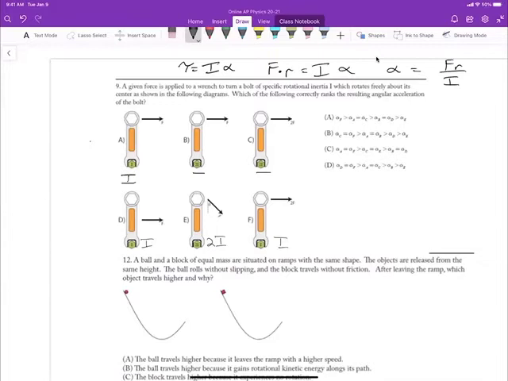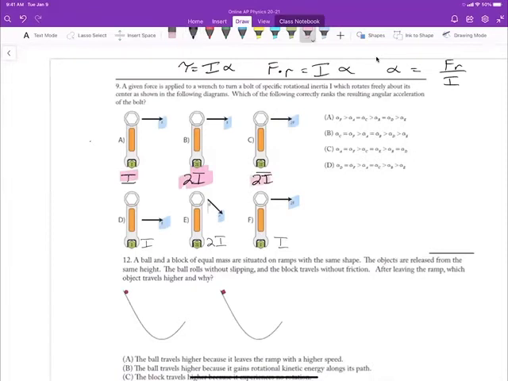Every single one, so we have a force value, this is 2F, this is F at an angle, F at halfway. And then we have these I values. That is 2I right here. This is 2I.